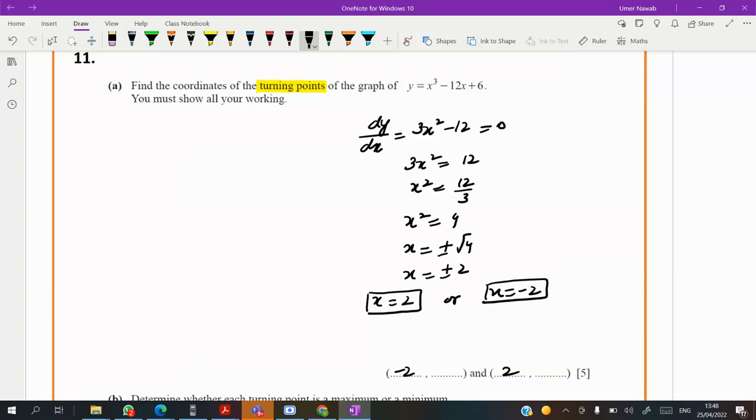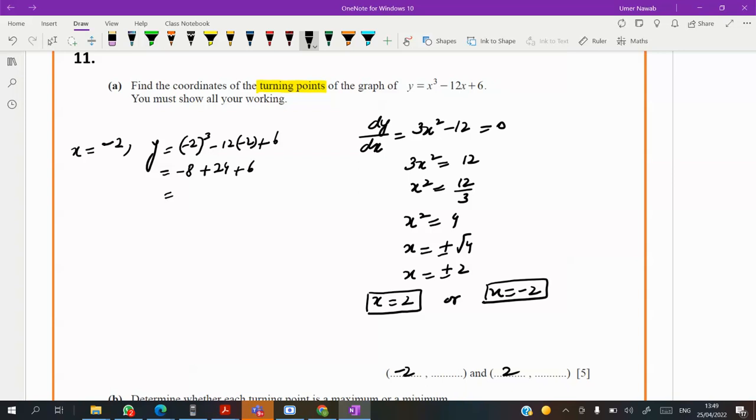Okay, now we need to find the corresponding y coordinates. So if x is equal to minus 2, y is equal to minus 2 cubed minus 12 times minus 2 plus 6. So minus 8 plus 24 plus 6.